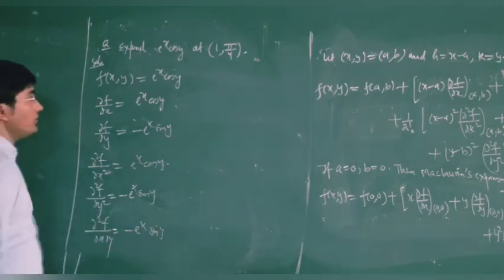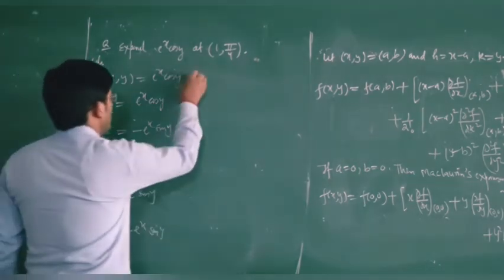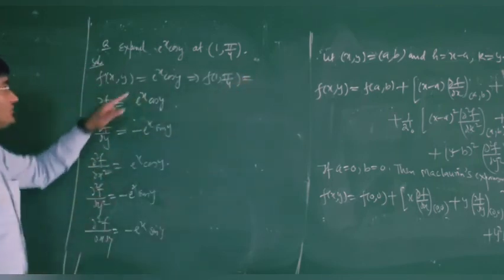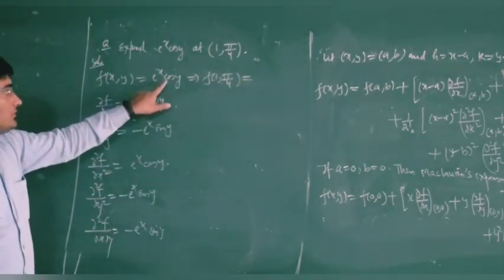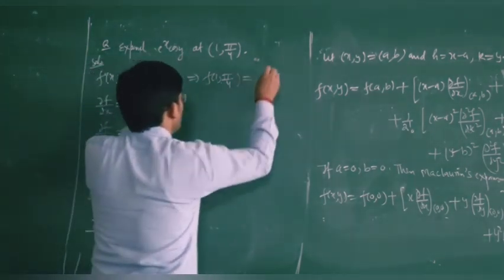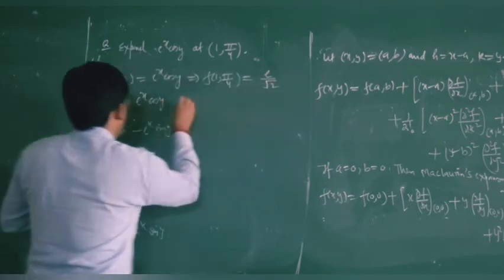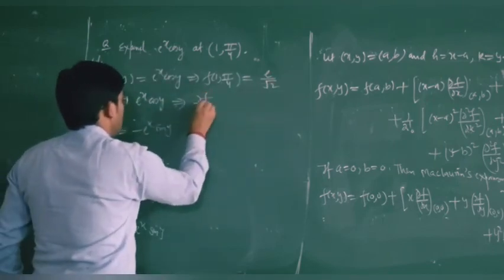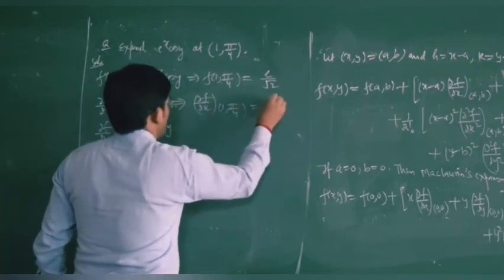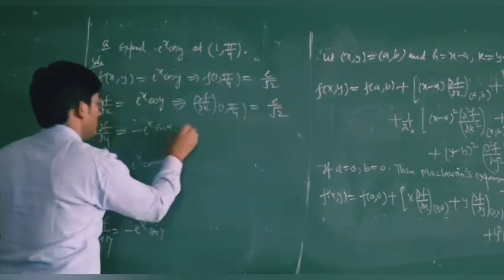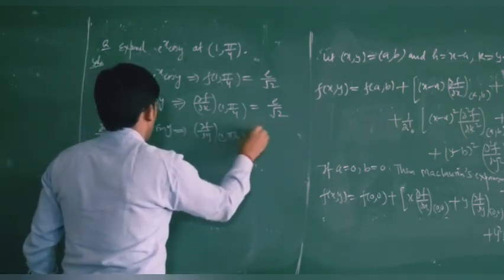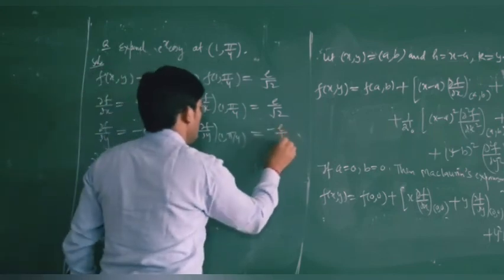Now these values at 1 comma pi by 4: when x is 1 and y is pi by 4, cos pi by 4 is 1 by root 2, so we will have e upon root 2. Del f upon del x at 1 comma pi by 4 is again e upon root 2. Del f upon del y at 1 comma pi by 4 is minus e upon root 2.